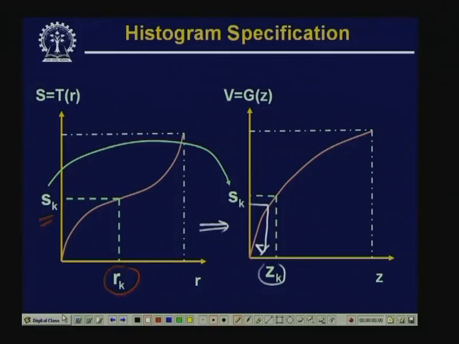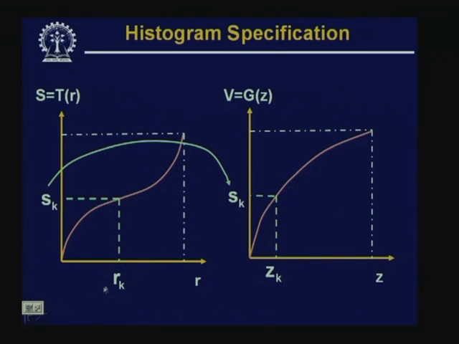But in the discrete domain, this particular case can be simplified, in the sense that both transformation functions, s equal to T(r) and v equal to G(z), can actually be implemented in the form of arrays. So, the arrays are like this.